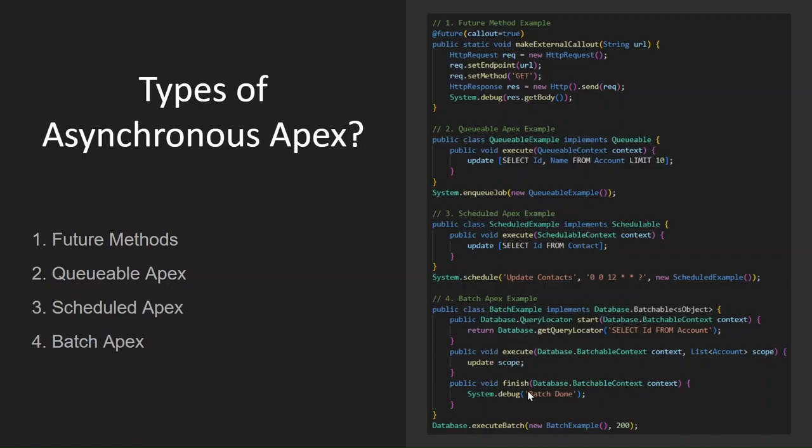Then we have this finish method, where we can debug or do any job chaining and any other stuff. So we can use Database.executeBatch, the name of the batch class and the size of the batch to execute this batch. So let's move to the next question.